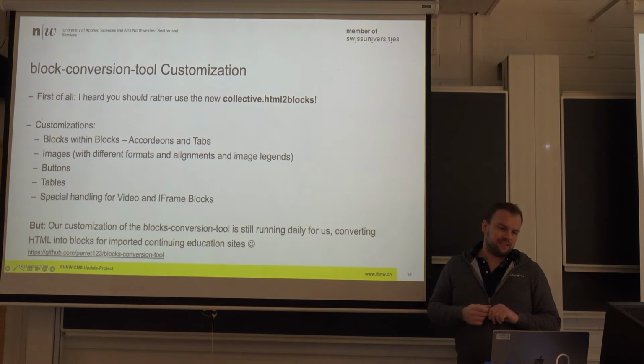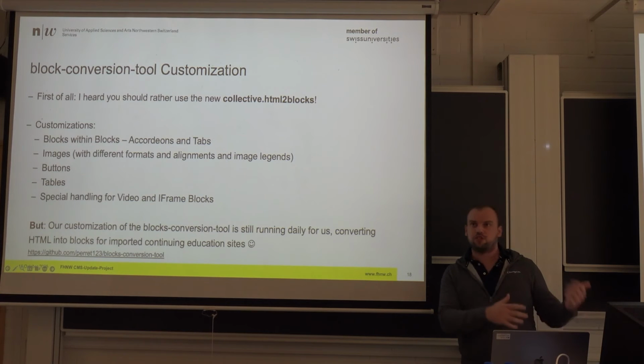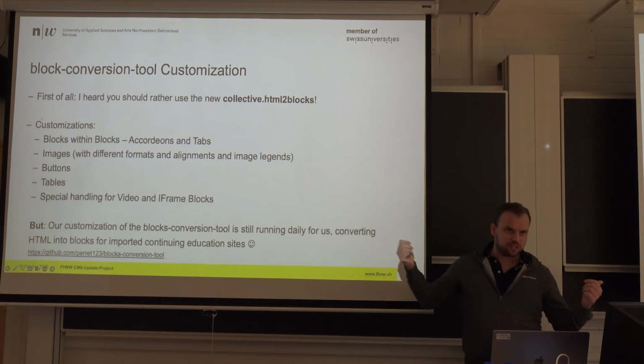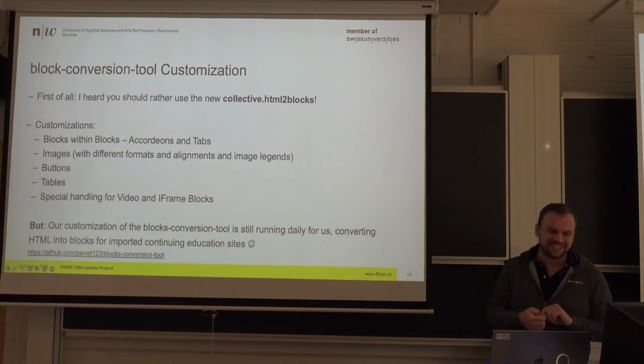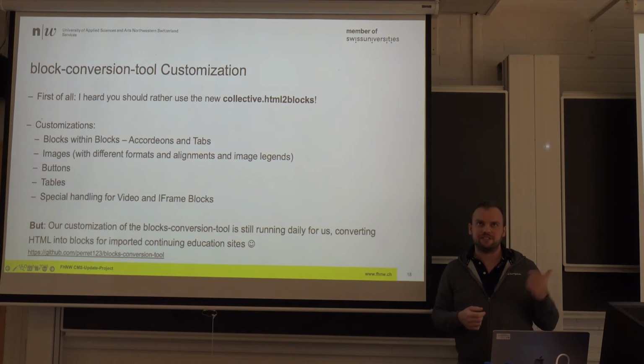Now, one very good thing, but one little disclaimer. Yesterday in a presentation I heard the block conversion tool is out, and collective HTML to blocks is the new kid on the block, which is a lot better. But we were still using the block conversion tool. They said the new one should be more customizable, but the old one wasn't really built to do customized operations.